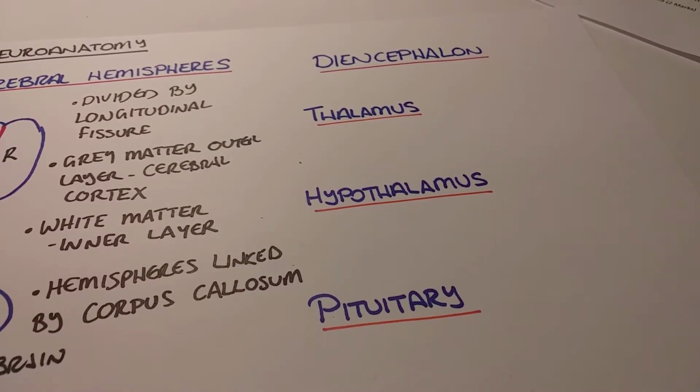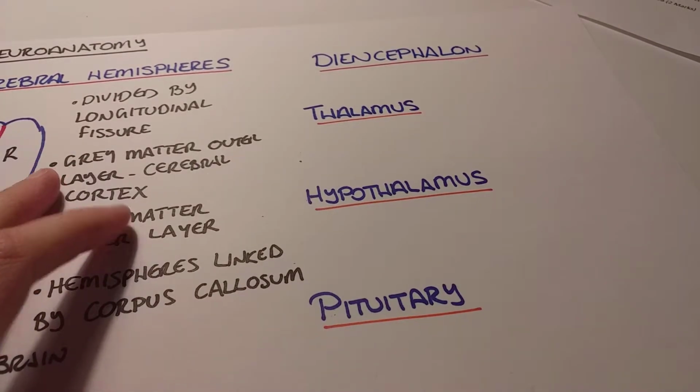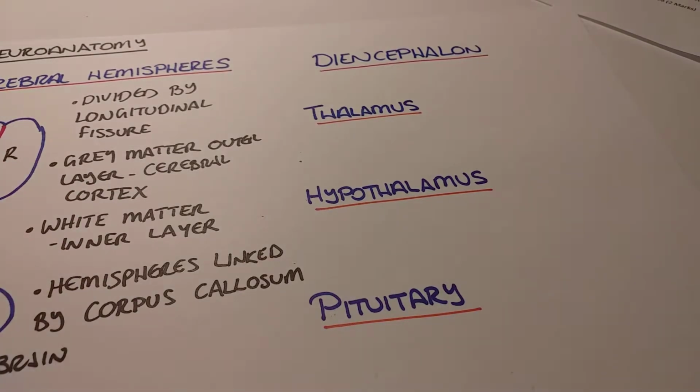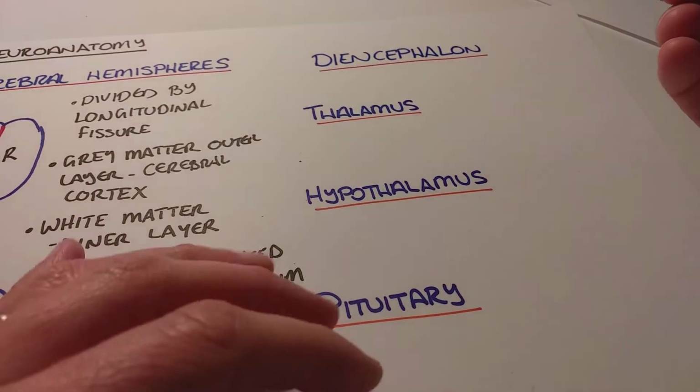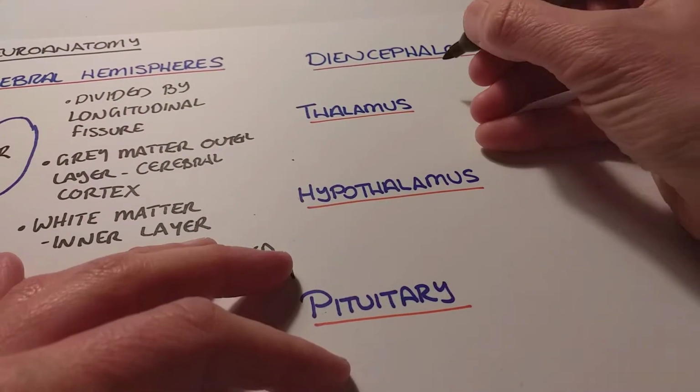Then a bit more brain work here. Your diencephalon is made up of three parts: the thalamus, the hypothalamus, and your pituitary gland. So what is the thalamus? In fact, let's just do this in a different colour, because I now have a pack of new 12 Sharpies. I'm going to use every colour I can. So the thalamus is your sorting office.